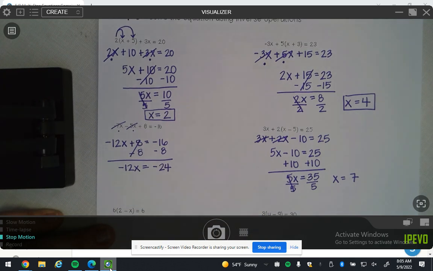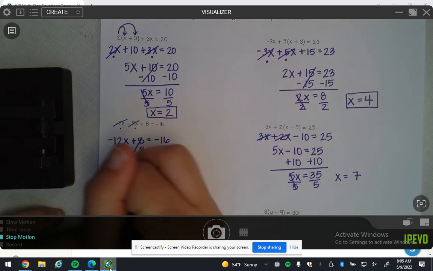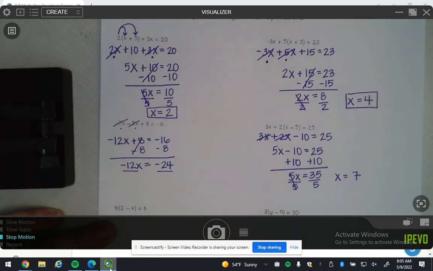Is x by itself now? What's still attached to the x? The negative 12. What operations between the negative 12 and the x? Multiplication. There's no sign between those two. It's a negative. That doesn't mean you're going to add. So you need to divide both sides by what? William, just come in, buddy. Come on. Divide both sides by what?